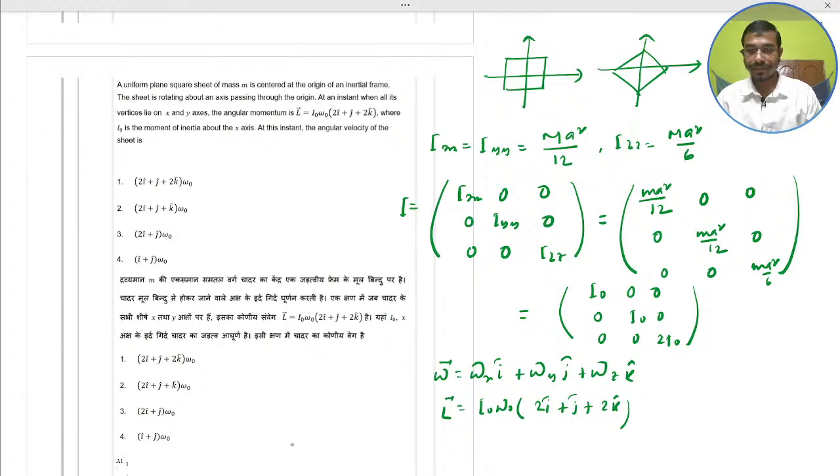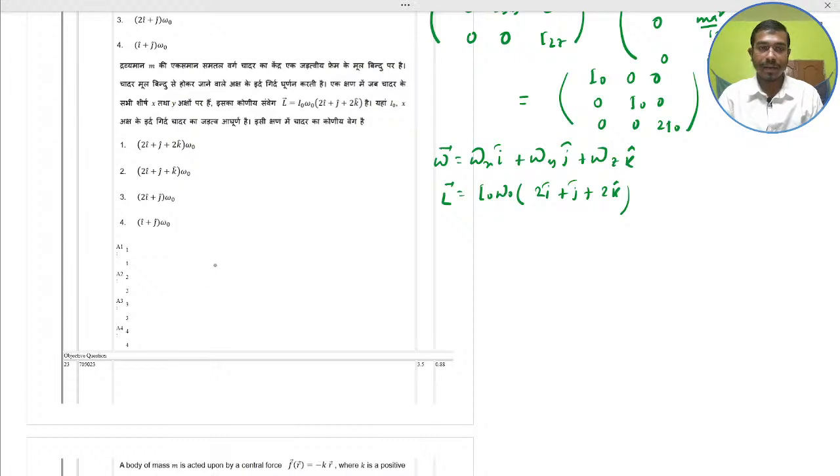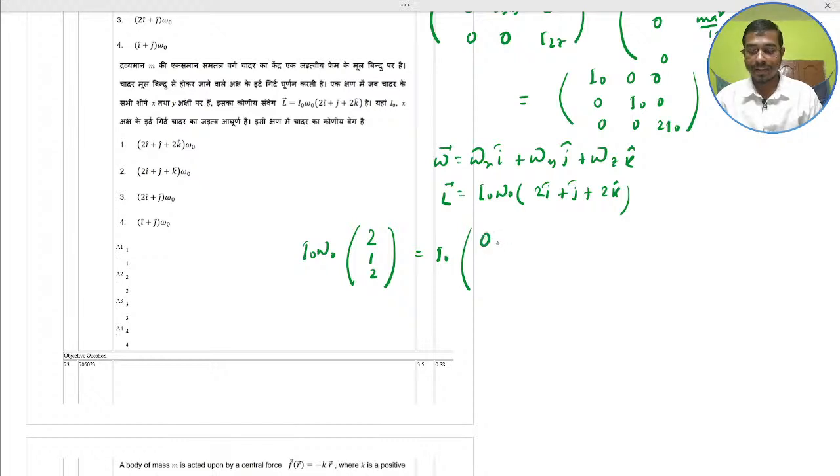So compare: I naught omega naught (2 1 2), this would be I naught, and in the matrix form 1 0 0, 0 1 0, 0 0 2, and here omega x, omega y, omega z.